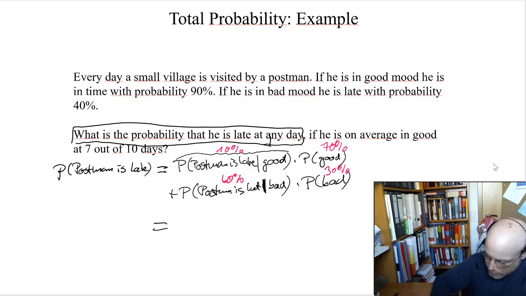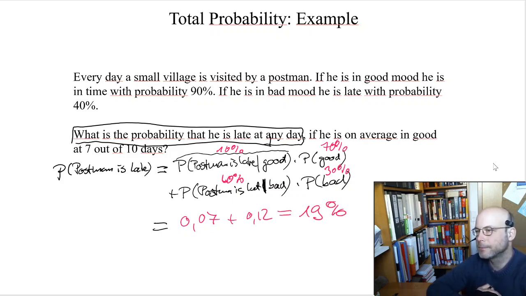And if we take this together, then we have 0.07, 7% plus 0.12, and this is 19%.